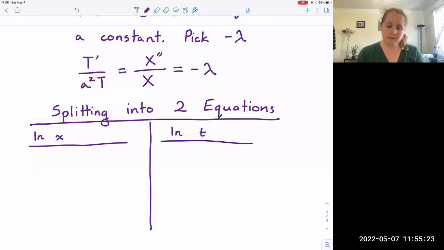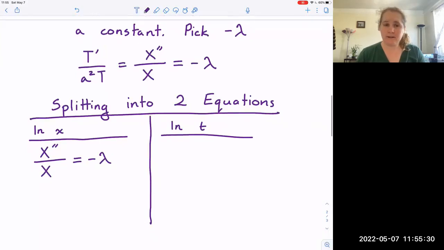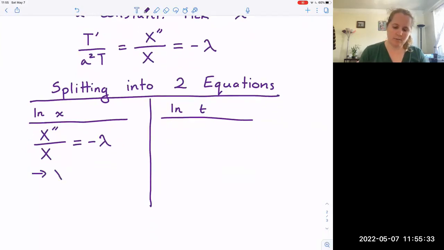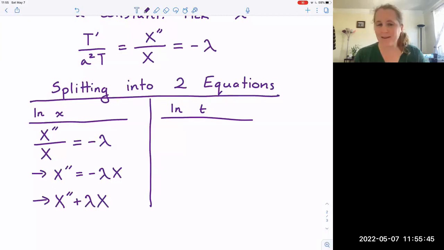Our equation in x, we are looking at X double prime over X is equal to negative lambda. But we can rearrange this. This means that X double prime is equal to negative lambda X, or X double prime plus lambda X is equal to 0. There's a reason why we focused on this particular differential equation when we were doing boundary value problems. It's because it's extremely useful when solving the heat equation.